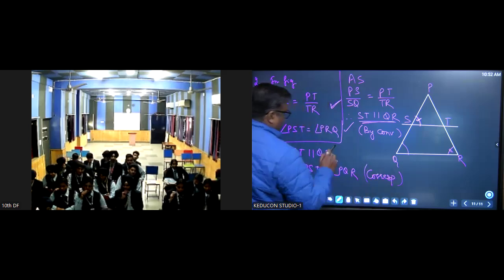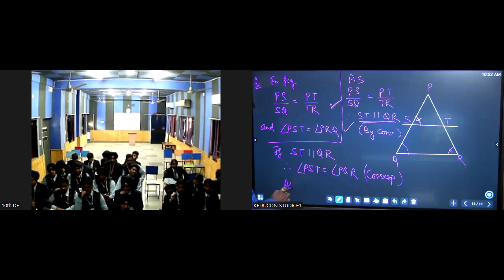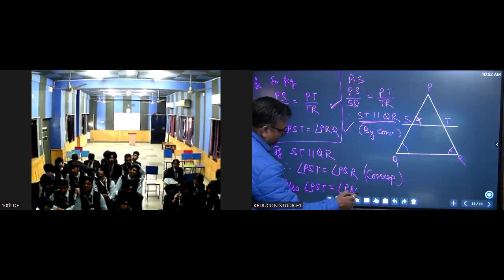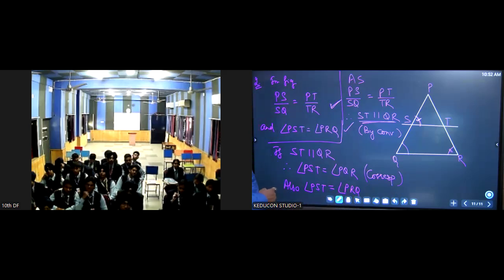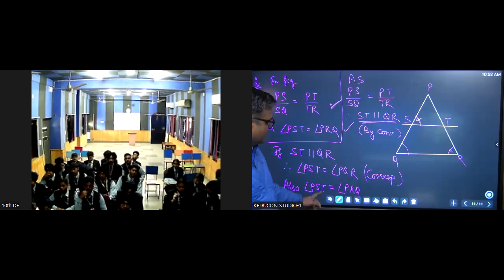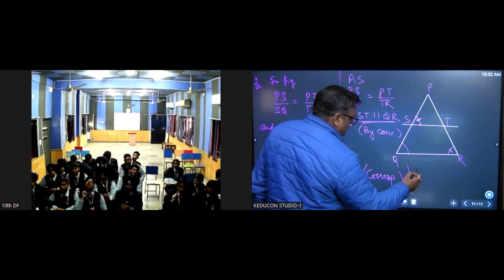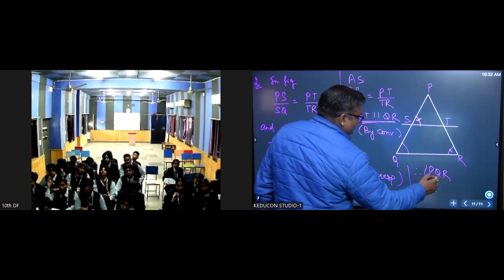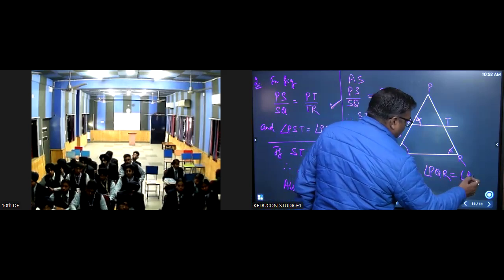Okay? So, angle PST is given equal to PRQ. Right? Angle PST is given equal to PRQ. So from here, therefore, angle PQR is equal to PRQ.